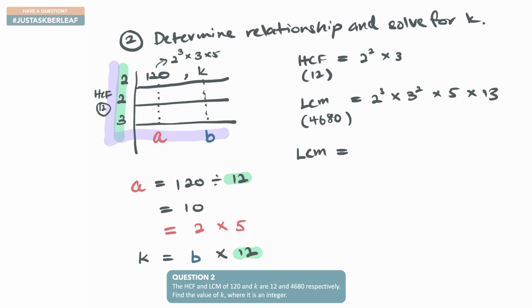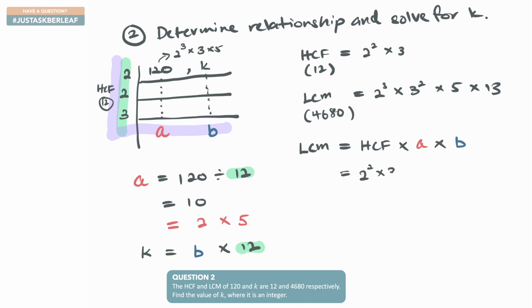LCM is equal to HCF times A times B. Writing it out as prime factors, we have 2 squared times 3, highlighted in green because it's the HCF, and then times A, which is 2 times 5, while B is what we are trying to find.